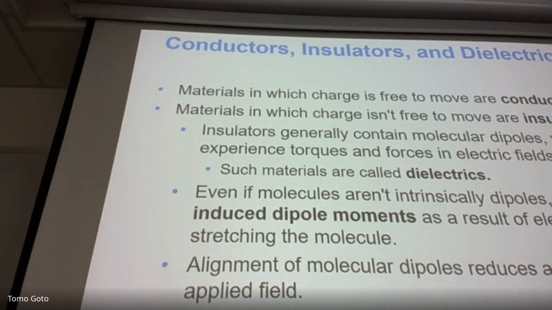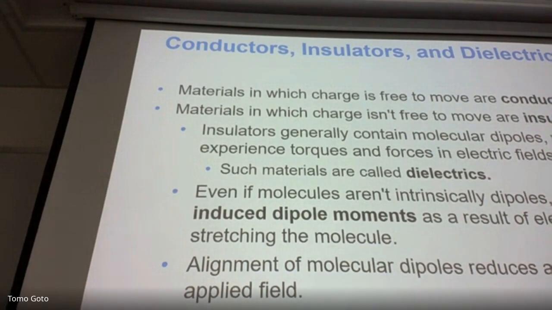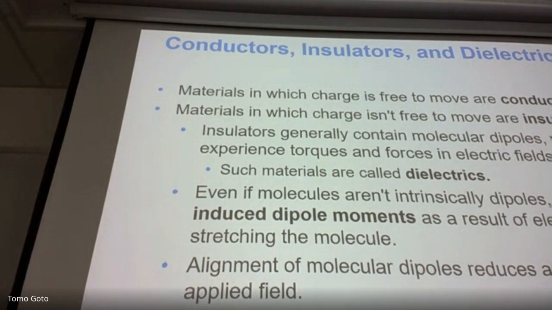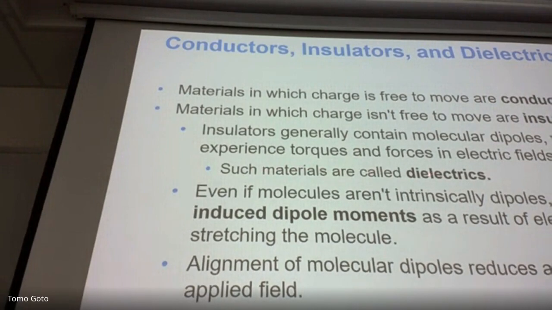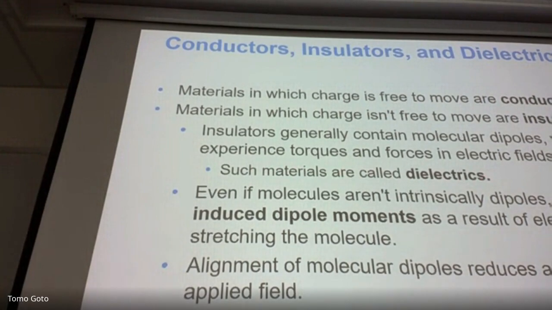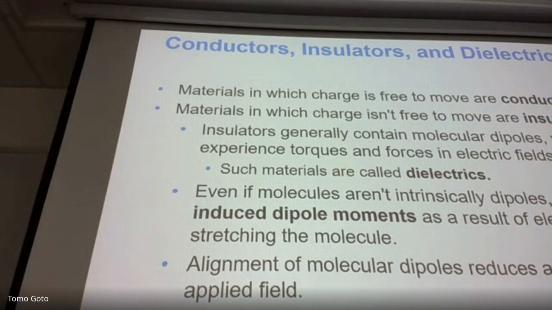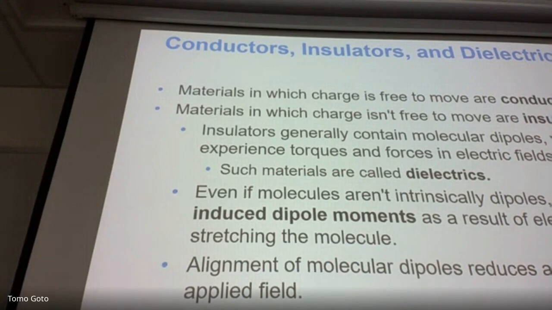For example, in an insulator with dipoles, if the electric field is upright, the dipoles might align in the direction of the field. Such materials are called dielectrics. We showed examples of conductors later.